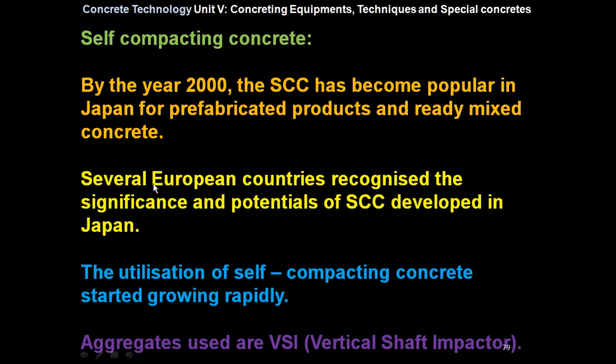Several European countries recognized the significance and potential of SCC developed in Japan. The utilization of self-compacting concrete started growing rapidly. Aggregates used are VSI, that is vertical shaft impactor.